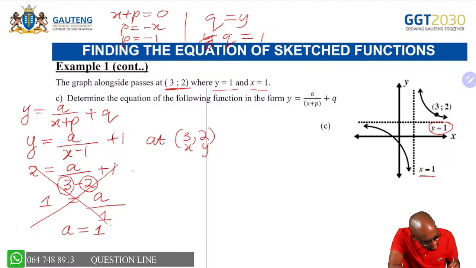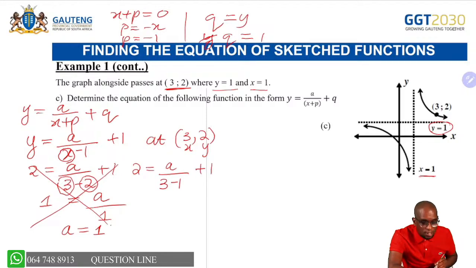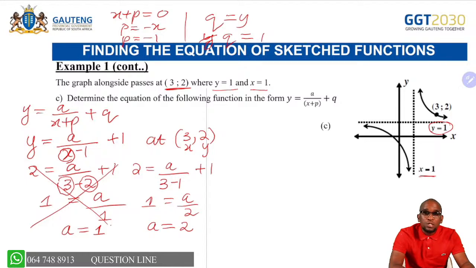So I will have that y is 2 is equal to a divided by (3 − 1) plus 1, replacing x with 3. So now I've fixed that mistake. I'll transpose the 1 and get 1 is equal to a over 2. If I multiply throughout by 2, I get that a is equal to 2, instead of 1.